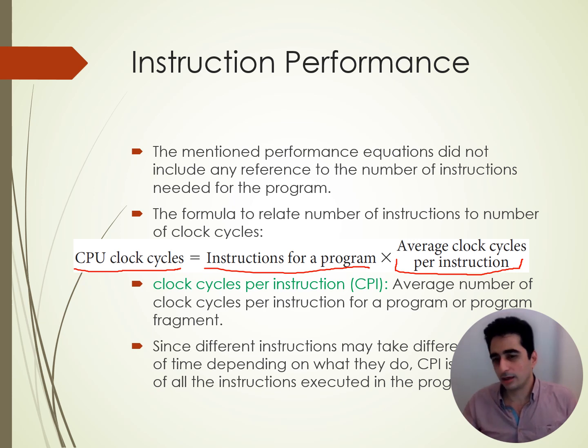That's a very important factor and property that a CPU architecture has, and we call that CPI. That means the CPI, or the average clock cycles per instruction, is defined as the average number of cycles that a CPU needs to execute one single instruction, right?